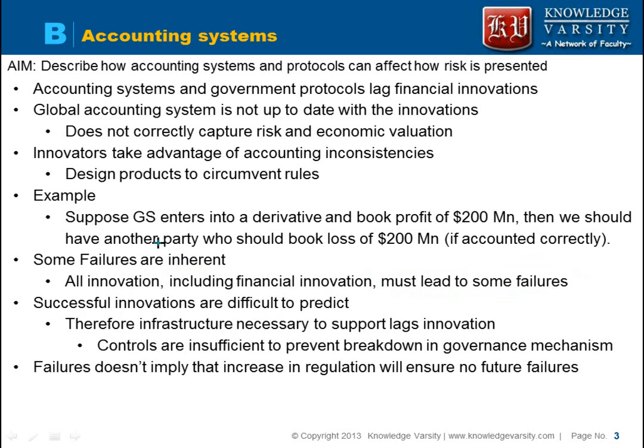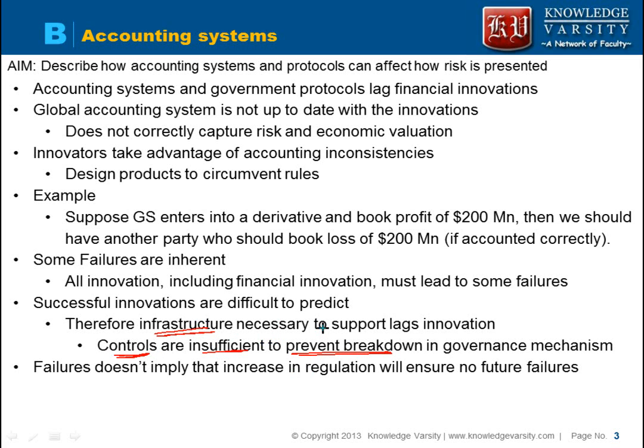So we need to create a supportive infrastructure, an infrastructure which will support the innovation. Note that controls which have been put in place by the government, or would be put in place, would be insufficient to prevent the breakdown. It does not mean that you put in the control and you will ensure that failures will not happen.